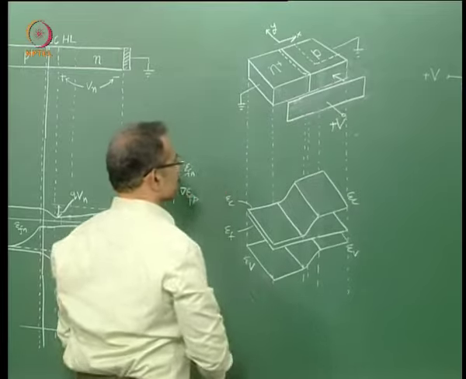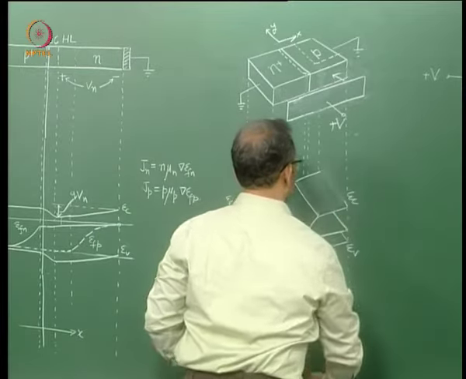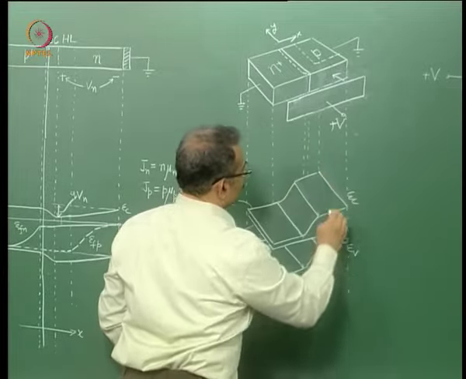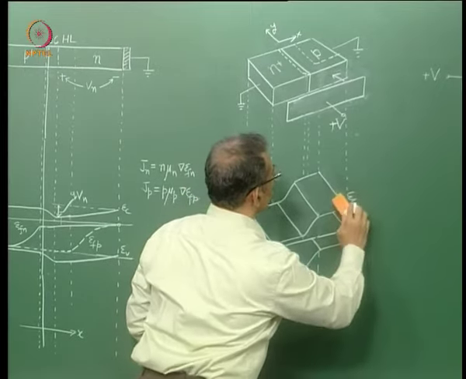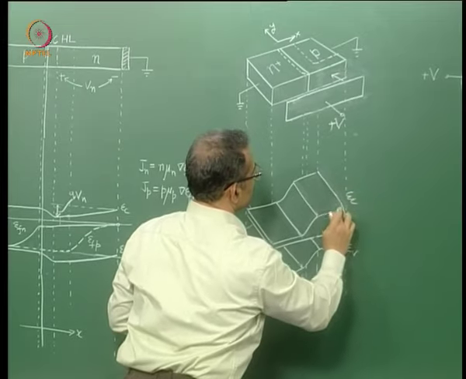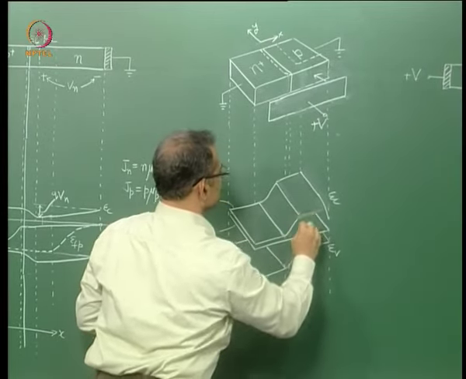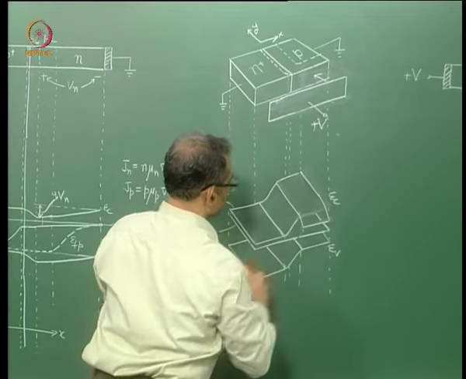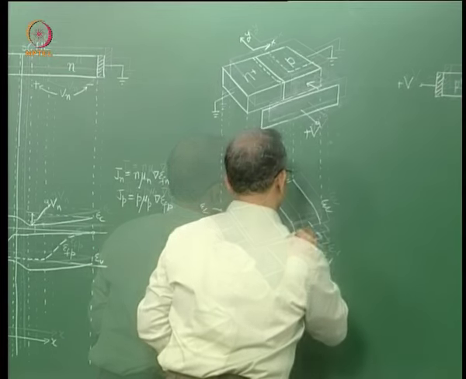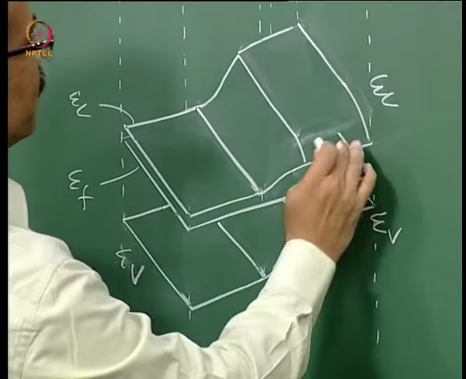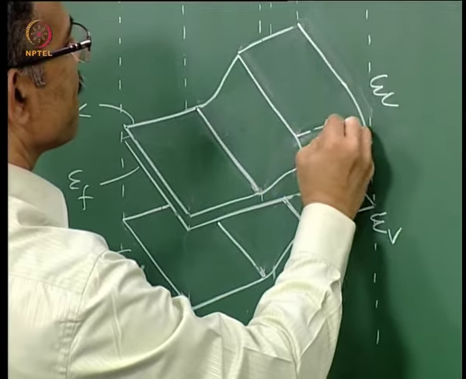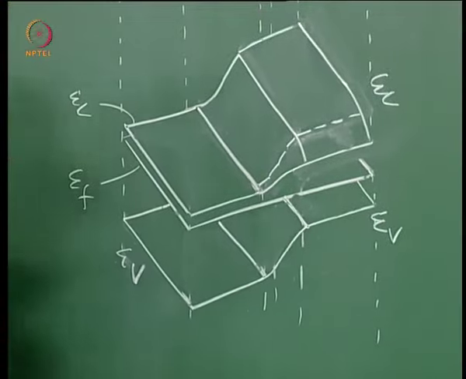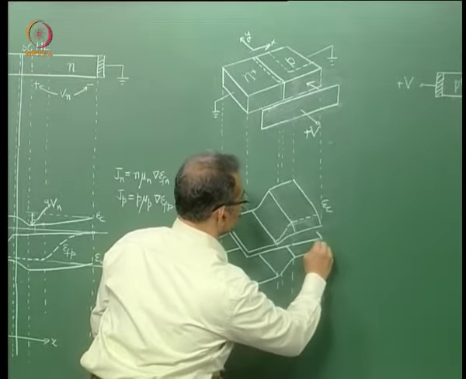So let us show that here. So the conduction band edge falling down can be shown like this. Similarly, the valence band edge also falls down.